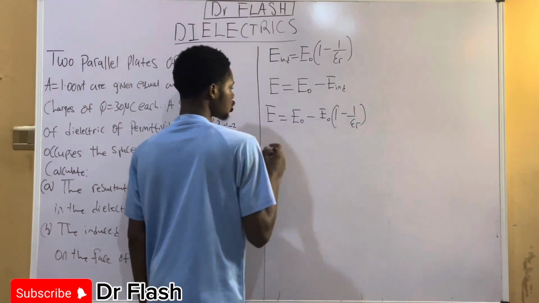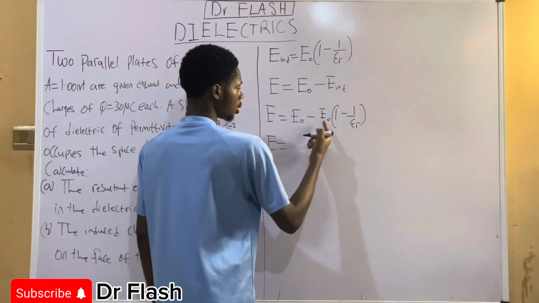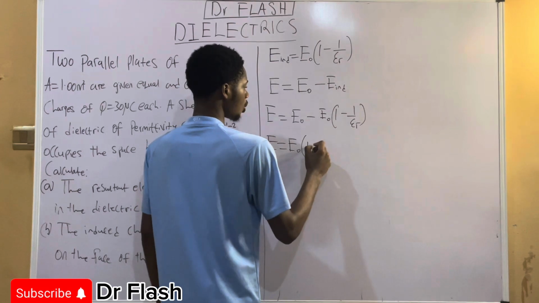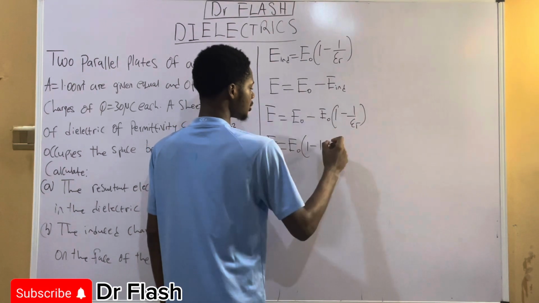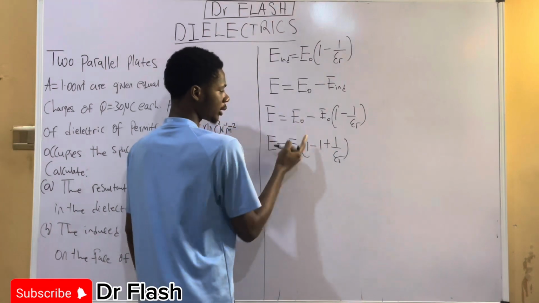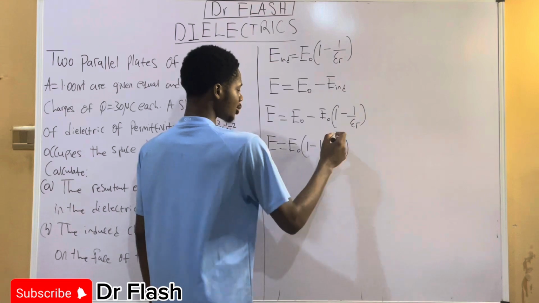E naught is constant, so we can factor it out: E naught in brackets 1 minus 1, this becomes a plus, right? Minus times 1 is minus 1, minus times minus gives you plus. So this one cancels out.